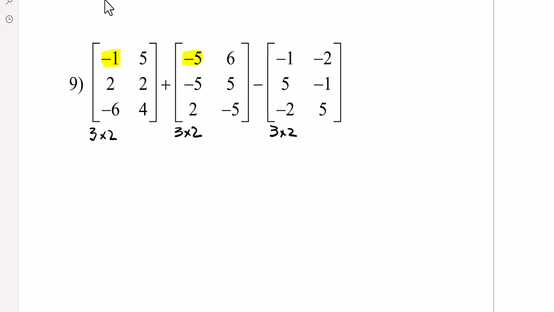So we're going to do -1 plus -5. Then we'll subtract that -1.